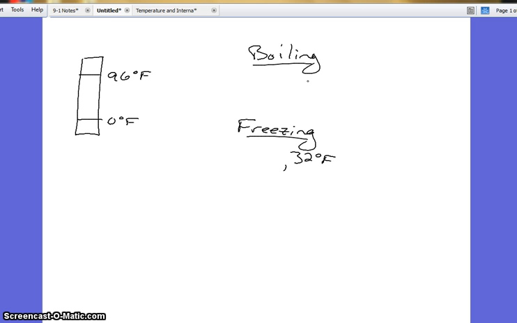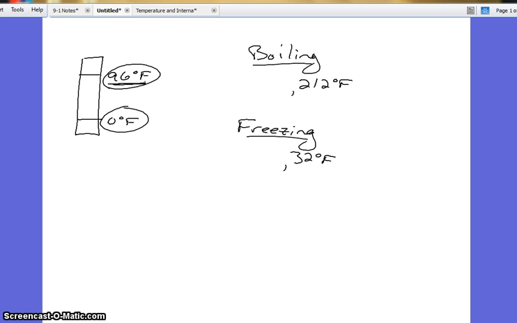And the boiling point was around 212, so let's instead define the second point as 212 degrees Fahrenheit being the boiling point of water. This adjusts these two numbers, and 96 degrees gets adjusted to now be 98.6 degrees. Not a nice round number, but boiling and freezing of water is more important in the scheme of things than body temperature. So that's the Fahrenheit.